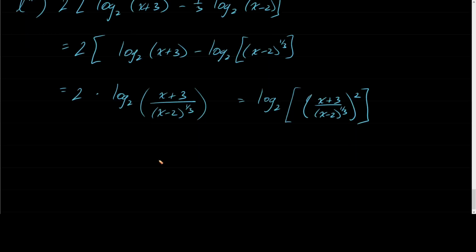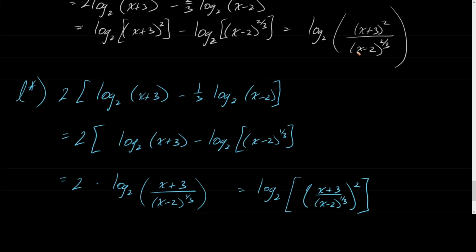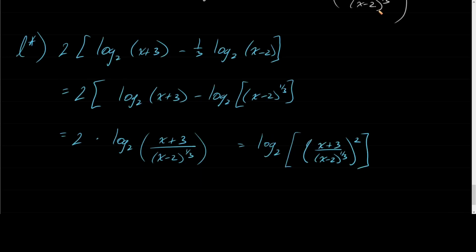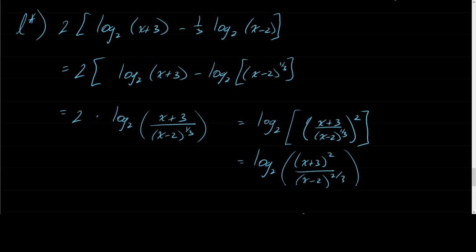And that's equivalent to the answer that we had before, right? Because the last thing I could do here is distribute this exponent to each part of the fraction, and I end up with log base 2 of (x plus 3) squared over (x minus 2) to the 2/3. All right, and that would be my final answer.